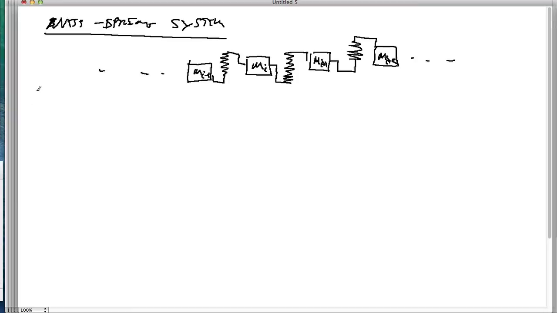And we're going to use this as an approximation for a continuum mass, where we have something like this.